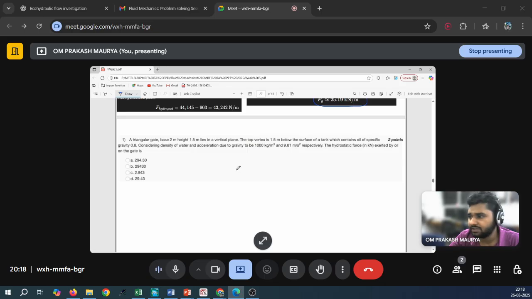So here the question is: a triangular gate, base is 2 meter, remember, and height 1.5 meter, lies in a vertical plane. The top vertex is 1.5 meter below the surface of the tank. If this is the surface, the tank contains oil. This is oil.